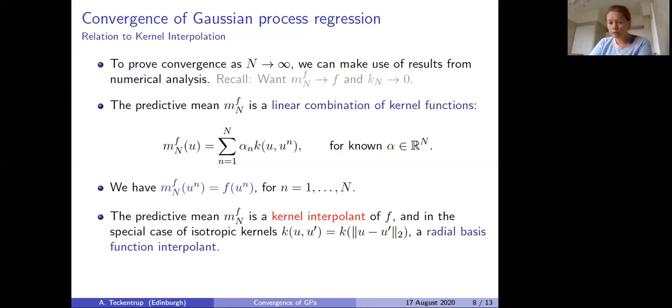Okay? So to show convergence of these Gaussian process regression methods, you can use results from scattered data approximation and radial basis function interpolants.